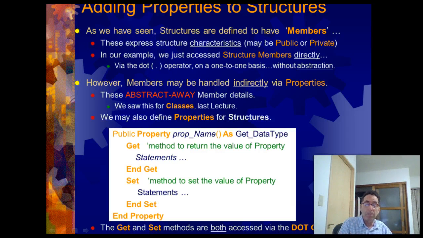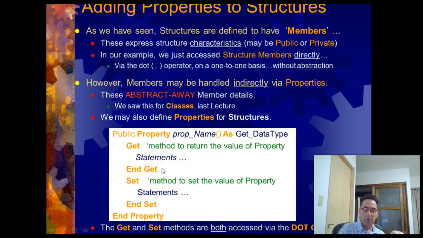However, members may be handled indirectly via properties. These abstract away member details, or in other words, they kind of hide the details. We saw this for classes last lecture. We may also, I'm not sure if we saw this or not, define properties for structures. We saw that for enumerations. We talked about defining a property for an enumeration, and we use this kind of syntax, and we have a get method and maybe a set method.